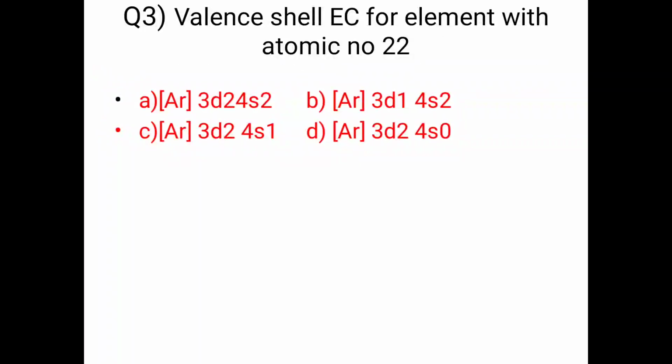Next, the valence shell electronic configuration for the element with atomic number 22 is. Now here you need to know how to write electronic configurations of elements. It is always assumed that every student knows how to write the EC of elements right up to 30. So this is just atomic number 22.